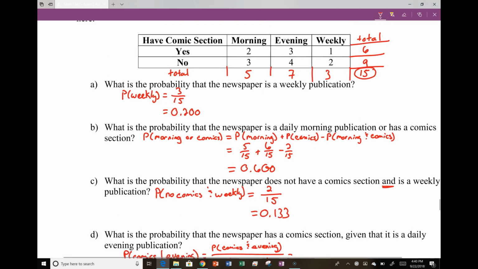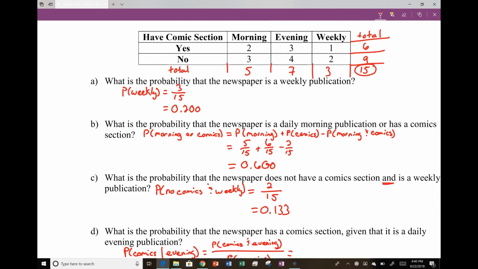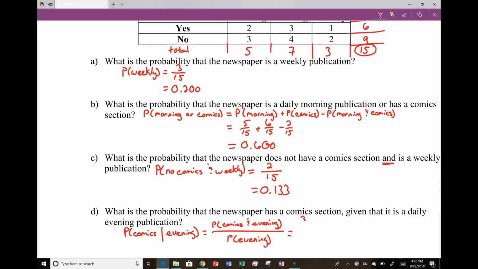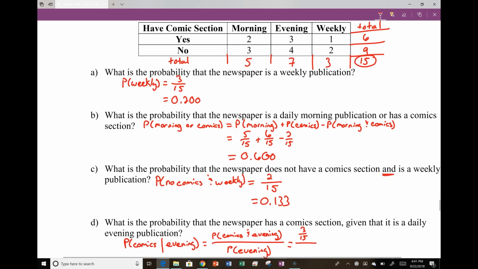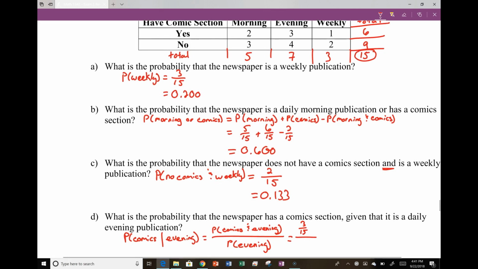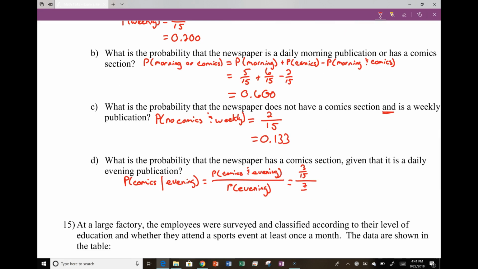Well, the probability of comics and evening, so that'd be the yes and evening, would be 3 out of 15. So we had 3 out of 15 for the comics and evening. Then the total evening, which is here, is 7. So that's 7 out of 15. I do that division and I get 0.429. So the probability that the newspaper has a comics section, given that it is a daily evening publication, is 0.429.